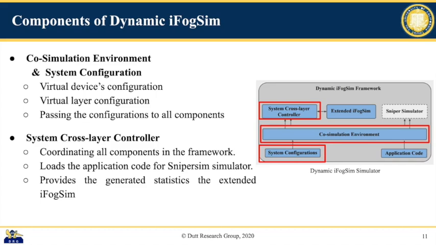The last one is the system cross-layer controller. This component coordinates all components in the framework, so it can handle the Sniper simulator's result and the extended iFogSim's result too. And finally, it can make the combined result from the two simulators for us.